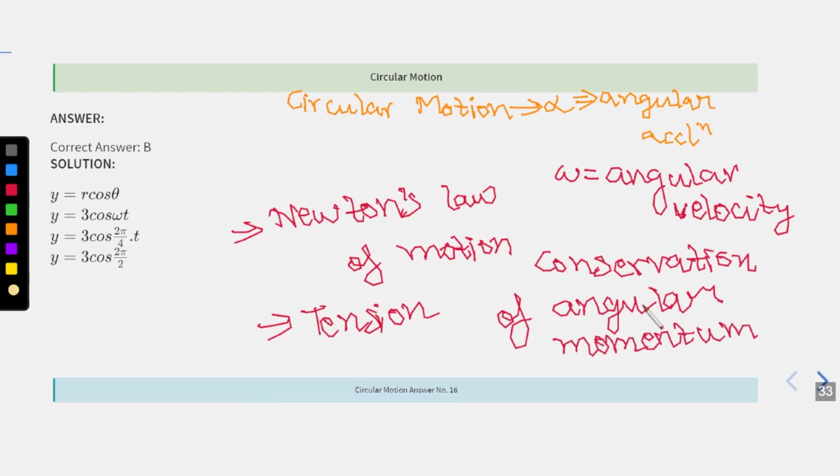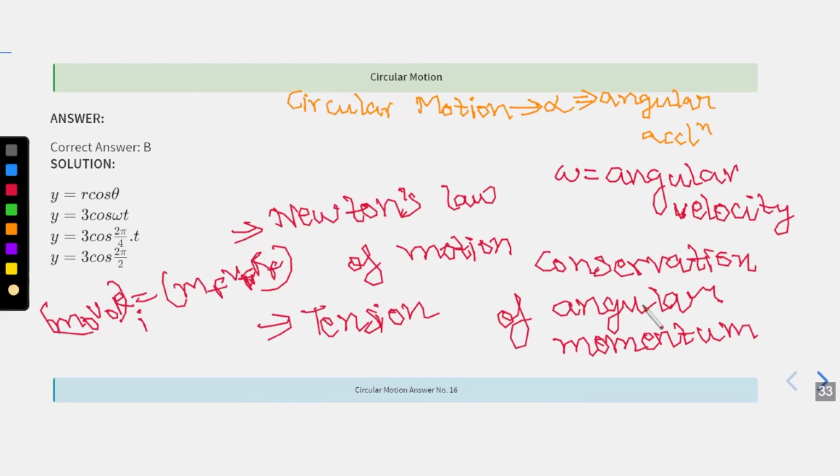Over there, we just equated the initial angular momentum with the final angular momentum, and then we would calculate the missing term.